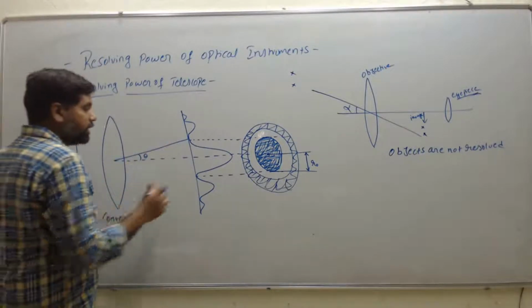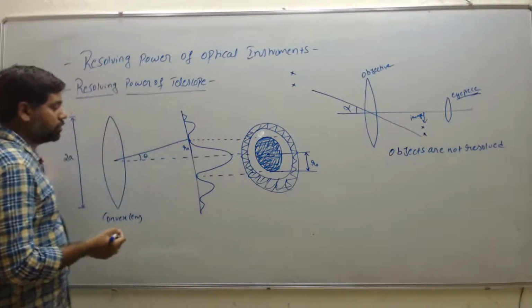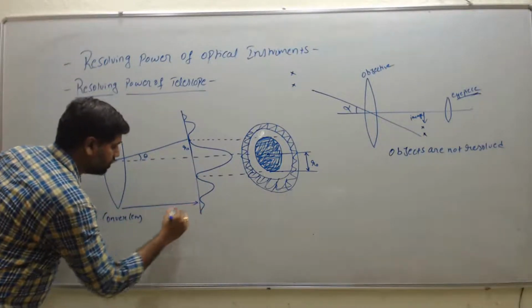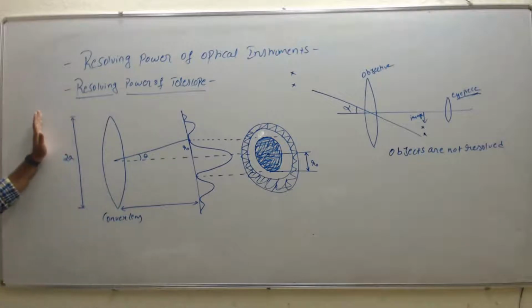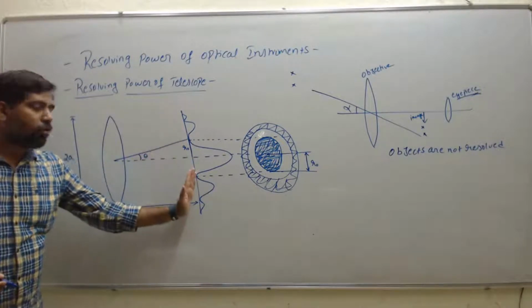Here is the radius, from here to here it is r naught. For far objects, that is, objects at a larger distance, the image will be formed at the focus. This one is the focal plane.